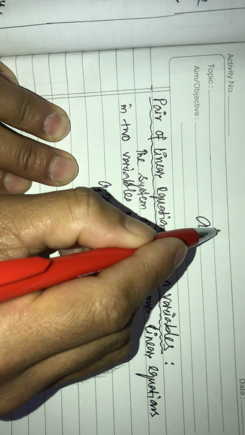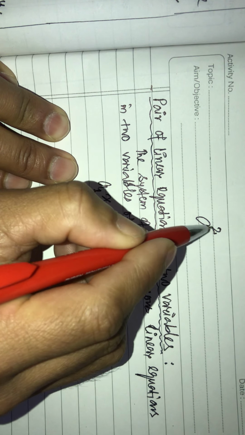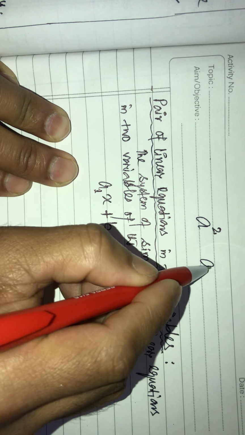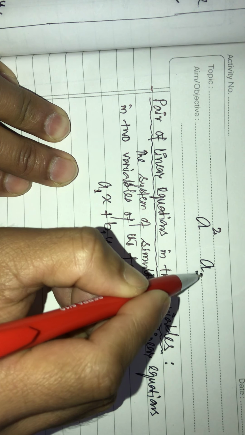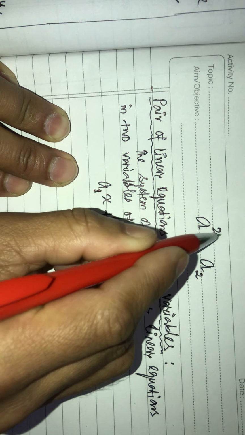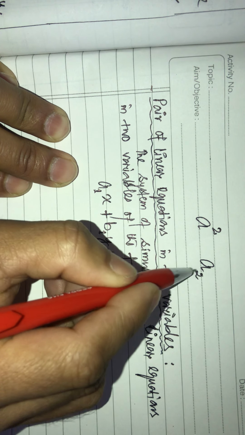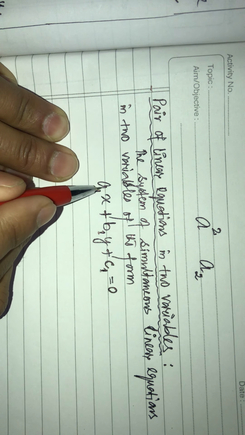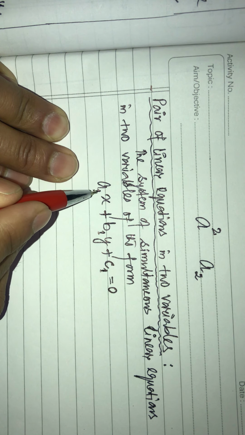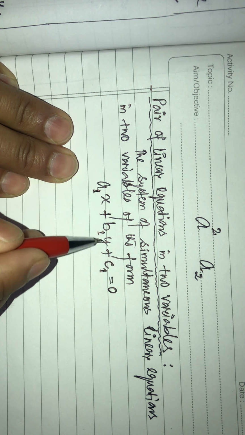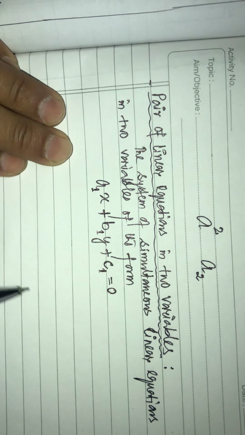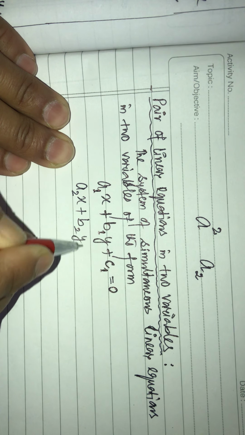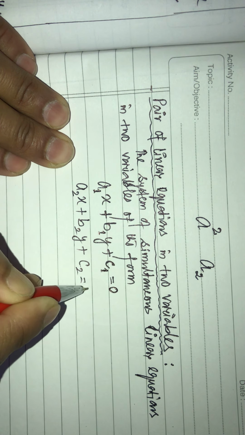If I write a power 2, a square, this 2 is called a superscript. If I write it above, it is a superscript; if I write it below, we call it a subscript. So this 1 and 1 are subscripts. We read it as a1x plus b1y plus c1 equal to 0. Second, a2x plus b2y plus c2 equal to 0.